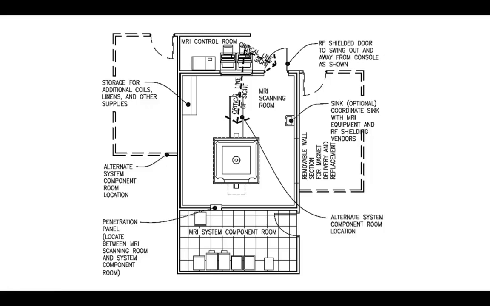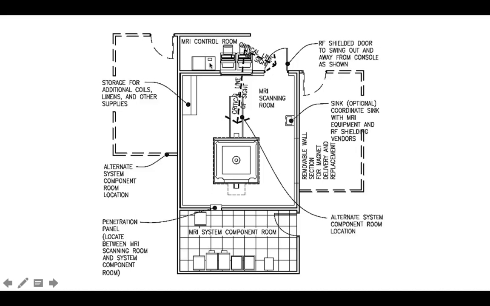Sometimes cleaning materials are present there. Then there is an MRI system component room, and this is where your power supplies and your cooling systems, plumbing, things like that are stored.